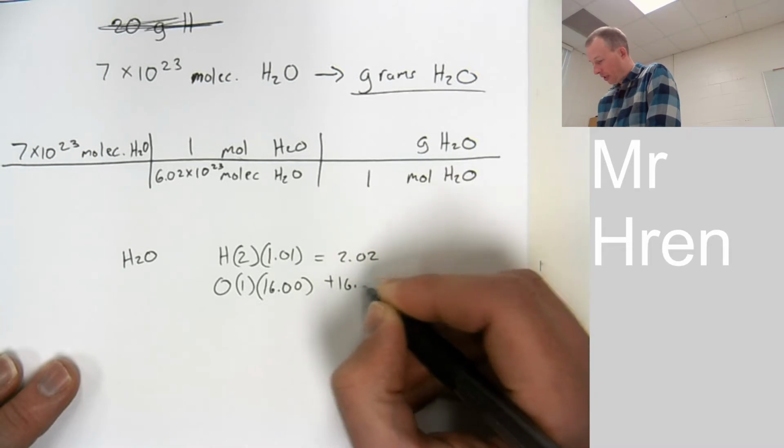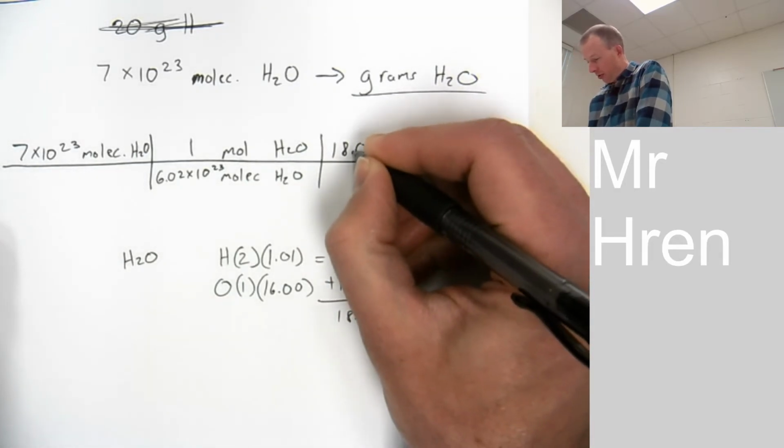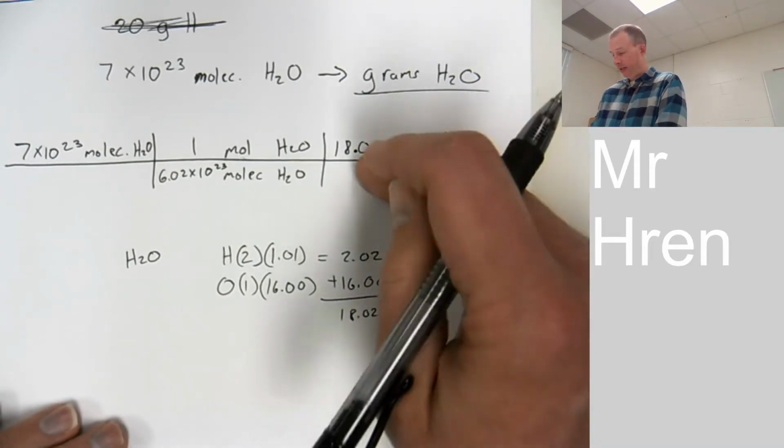So that's 2.02 plus 16.00, 18.02. It's a pretty well-known molar mass, for water, so hopefully you might already know that one. So I'm going to write 18.02 up there. That's 18.02 grams of water is equal to 1 mole of water. That is the molar mass of water, just taken directly from there.